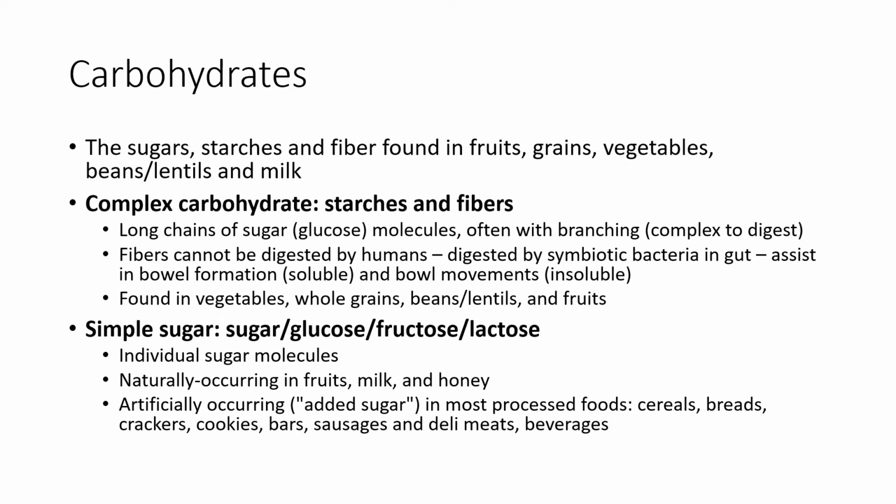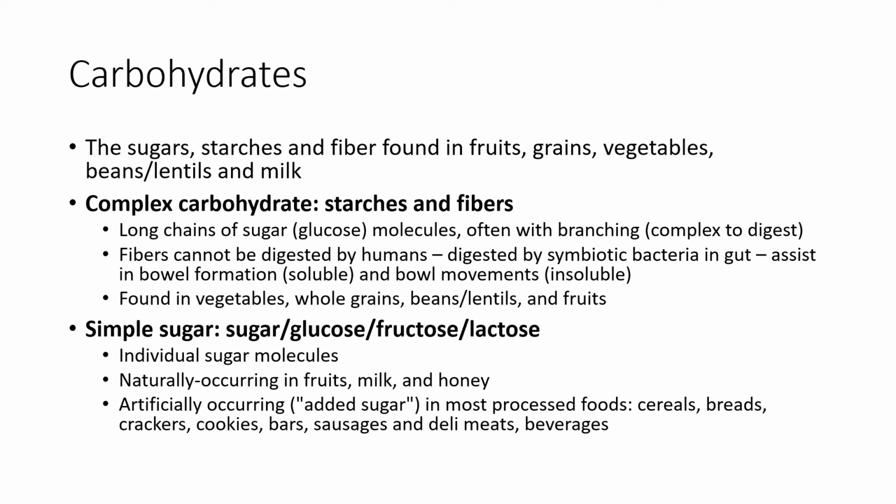We find that most processed foods have some amount of added sugar. So cereals, breads, crackers, chips, tortillas, cookies, bars, cakes, muffins, all pastries, any baked good. Even certain types of meat, certain sausages, deli meats, and then definitely a lot of our beverages, of course, sodas.